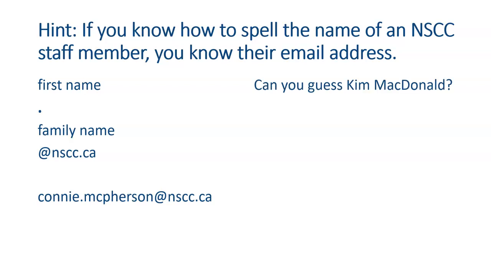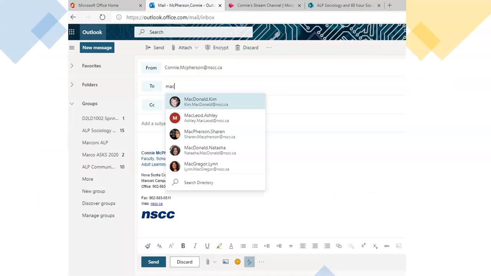Can you guess Kim McDonald's email address? You're right, kim.mcdonald@nscc.ca. So you go to your new email, ask for a new message, go to the To field, start typing the address, and if you've communicated with Kim before, you won't even have to type it all out. It pops right up.